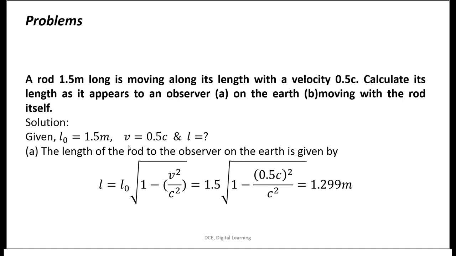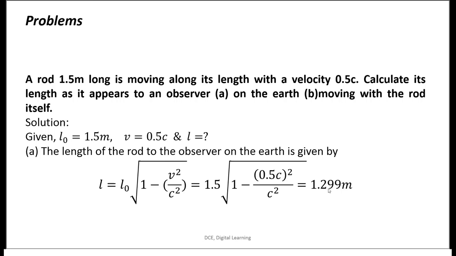From the length contraction equation, the length of the rod to the observer on the earth is given by L is equal to L naught into square root of 1 minus V square by C square. Substituting the values of C, V and L naught, we get 1.299 meters. Look at this. Here the proper length is 1.5 meter, and the calculated length for the observer who is moving with some velocity is 1.29, nearly 1.3.